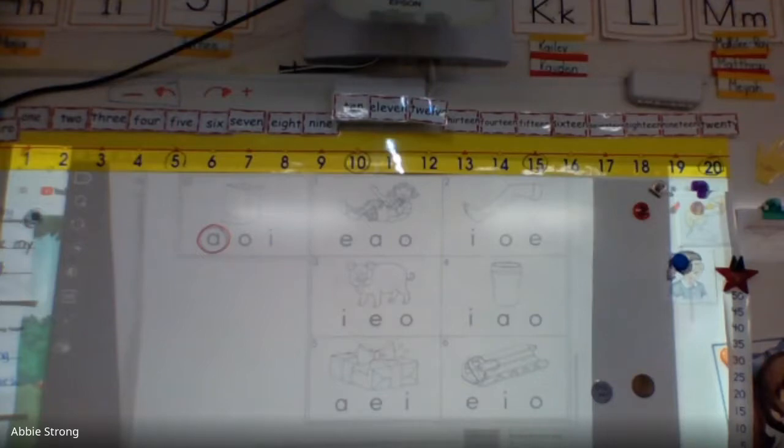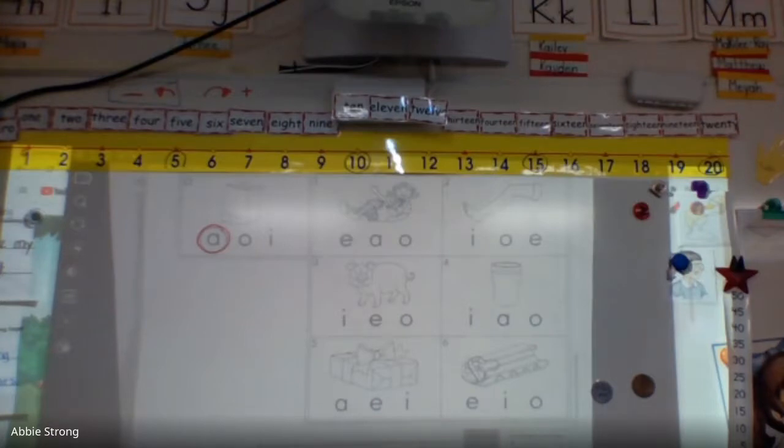We're in number 3. Please join us. Number 3 is a picture of a pig. Listen to the word again for that middle sound. We're not listening for the first sound or the last sound. We're listening for the middle sound. Here it is. Ready? Ig. Which of those letters makes the i sound?